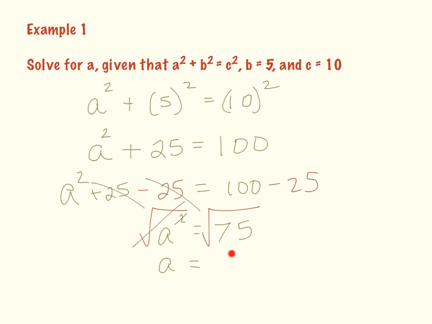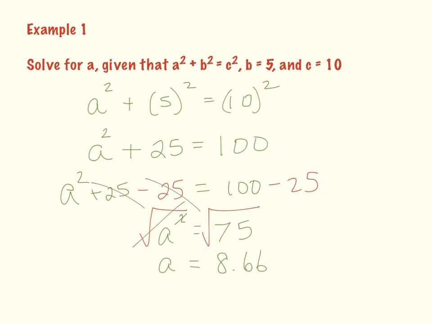On the right, we need to take the square root of 75. Now, this wasn't in the list that I listed previously of perfect squares, so the only way to find this is to bring out your calculator and hit the square root of 75. And I just did that, and it comes out to 8.66, and then it keeps going, but we'll cut it off there to the hundredths.